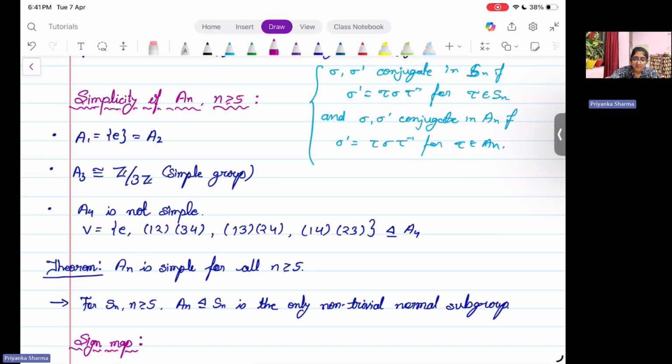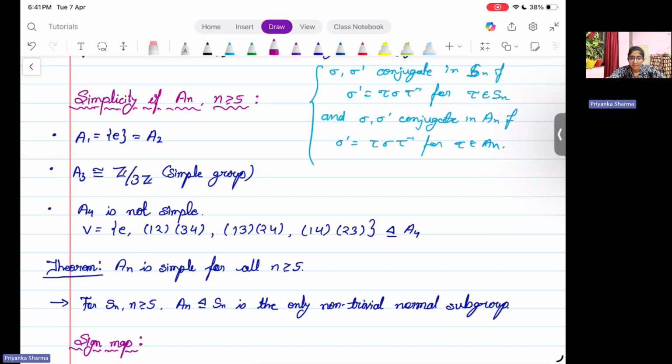So this group of four elements: the identity element, then the elements which are products of disjoint transpositions: (1 2)(3 4), (1 3)(2 4), and (1 4)(2 3).